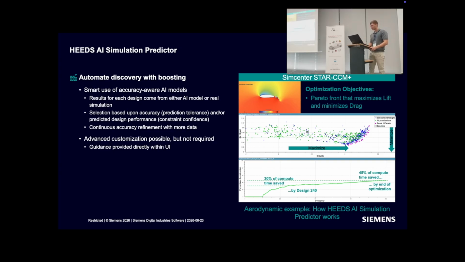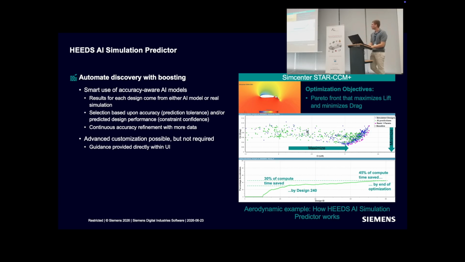You can see here in the video, for this specific CFD use case, we want to maximize the lift and minimize the drag. While I'm running the optimization study, the blue dots represent the simulated designs, whereas the green dots represent the AI predictions.